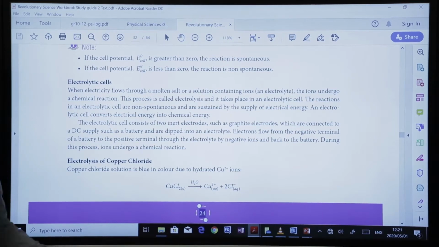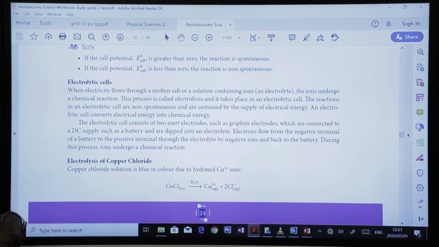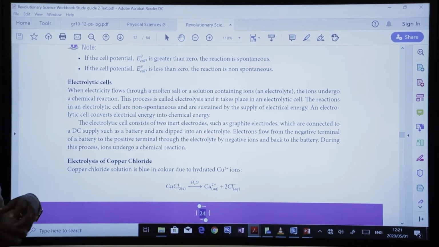So what's the difference between the two? If you remember very well, we said with the galvanic cell, the reactions are spontaneous, and those reactions actually generate energy or electricity, meaning that we can source electricity out of them.